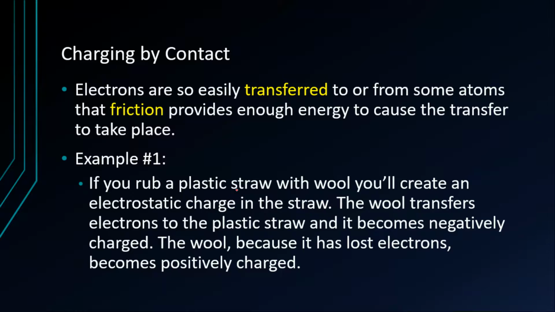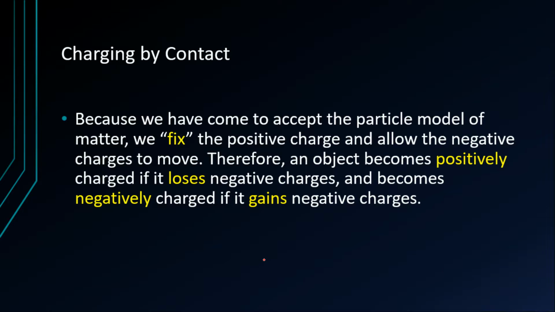If you rub a plastic straw with wool, you'll create an electrostatic charge in the straw. Okay, that means we've charged the straw. The wool transfers electrons to the plastic straw, and it becomes negatively charged. The wool, because it has lost electrons, becomes positively charged. Okay? If you're like, Ms. Labik, I still don't get it, don't worry, we'll do another example.